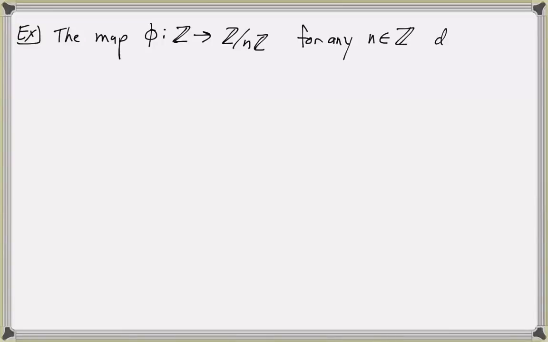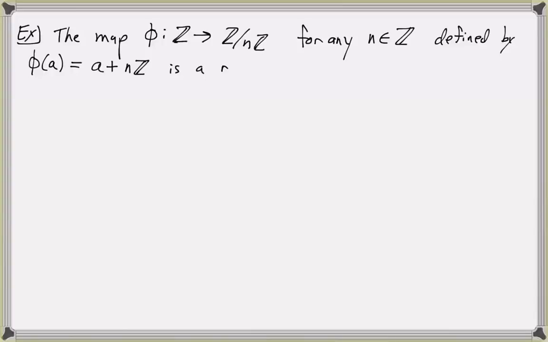We're going to define phi by phi of a is just mapped to its natural coset a plus nZ. So we're mapping a to a mod n, basically.